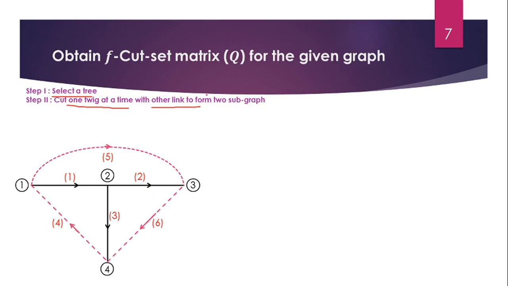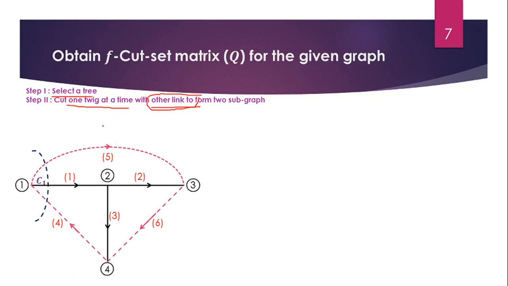So we also have to cut the links, not only the twig, but only one twig. There may be more than one link, 2, 3 or more, depending on the graph. Like this, C1. So the C1 cut will cut twig 1 with links 4 and 5.